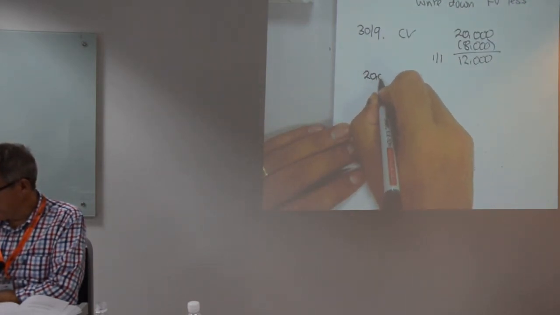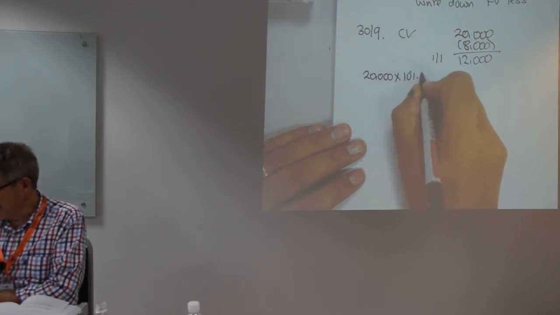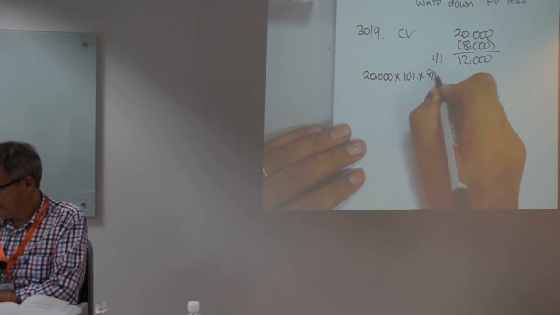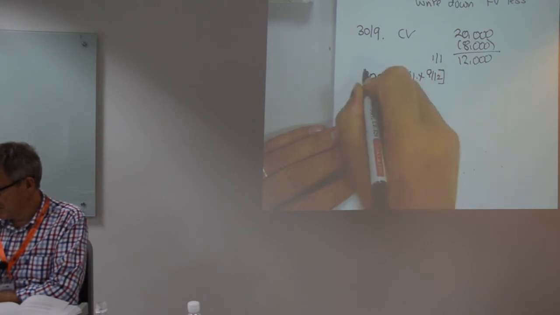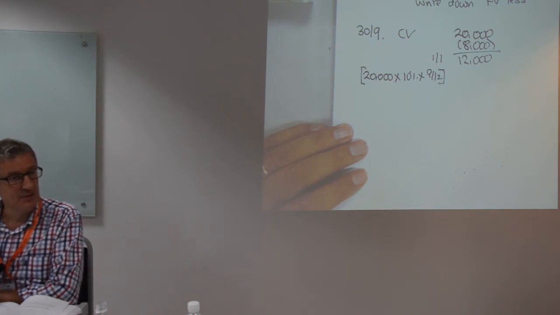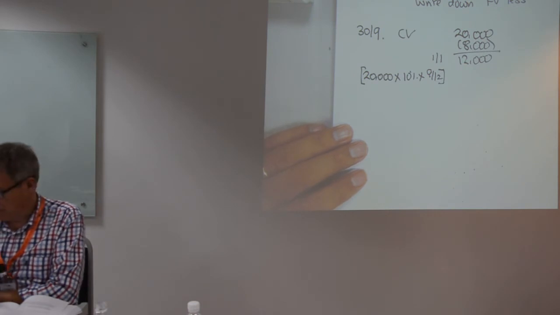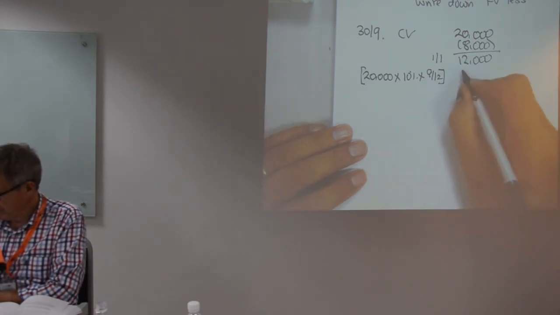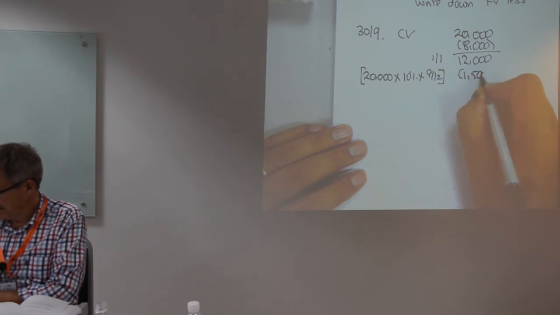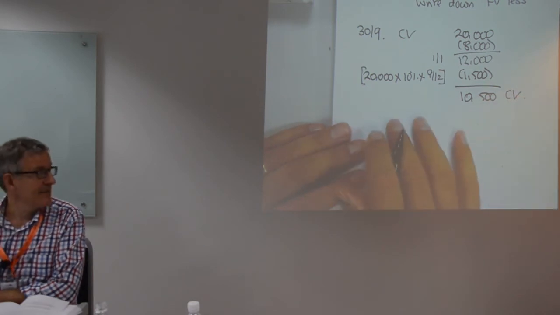You would cease depreciation on the asset being classified as held for sale. So you would depreciate it up to the 30th of September. That's my carrying value.